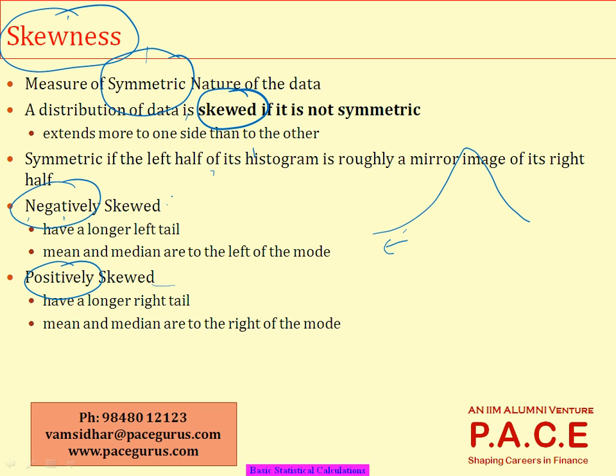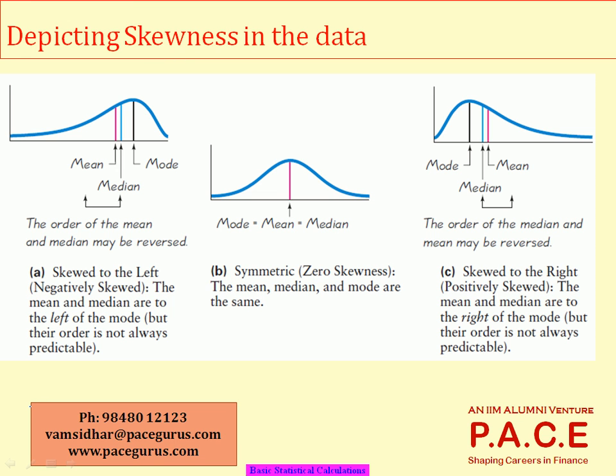Whereas in a positively skewed distribution, the frequency distribution is more extended to the right, which means the mean and median are always higher compared to the mode. So in a skewed distribution, this is the typical kind of setup we will see.